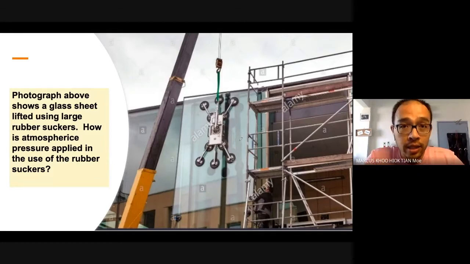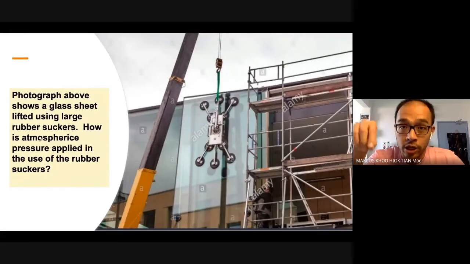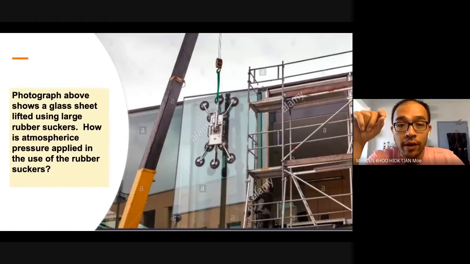This rubber sucker is actually using atmospheric pressure. Atmospheric pressure is helping the rubber sucker to do its job. Even though this is a glass sheet, you have 1, 2, 3, 4, 5, 6, 7, 8, 9, 10 rubber suckers acting on it, and you just pull with this one string over here, and you are able to move the glass sheet.